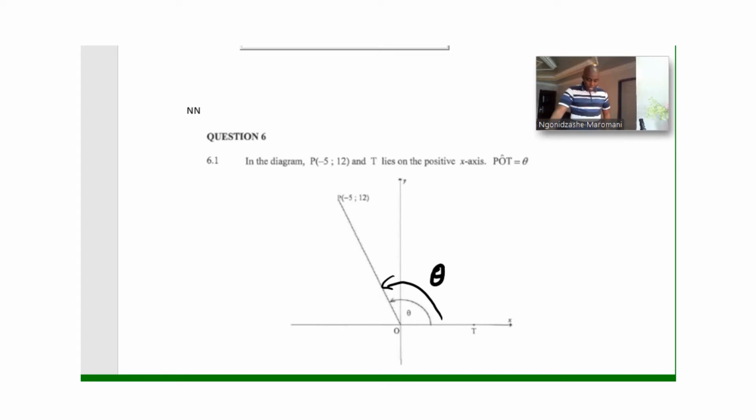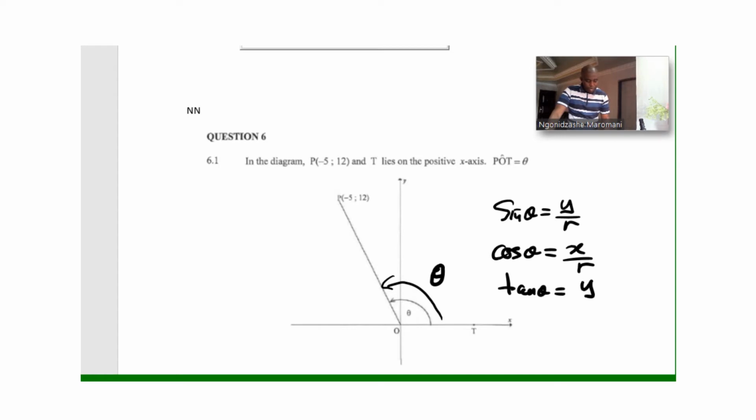So that is the situation, and as we proceed, we need to be able to pick up our formulas. Can I just remind you that in terms of x, y, and r, sine theta is given by y over r, cos theta is equal to x over r, and tan theta is equal to y over x.